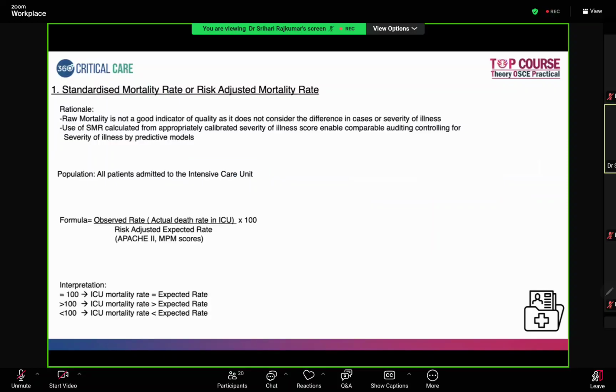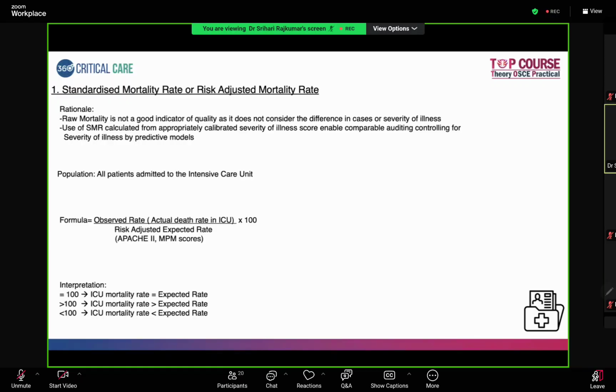So first, coming to the standardized mortality rate or the risk-adjusted mortality rate. The main rationale is that raw mortality is not a good quality indicator because it does not consider the difference in cases or the severity of illness. In a multidisciplinary ICU, you may have a lot of patients who come and die within 24 to 48 hours.